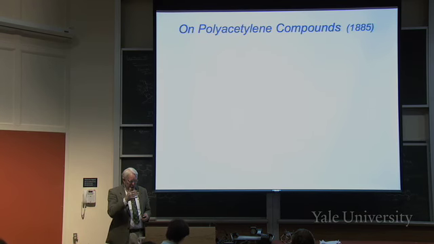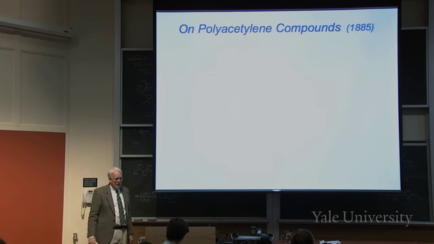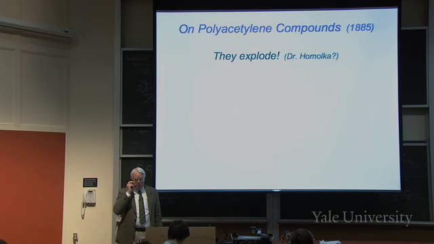this paper 8 years earlier was about polyacetylene compounds, so a bunch of triple bonds arranged in a row. We've talked about double bonds in a row. You can have triple bonds in a row too. But you don't have them for very long because, as Baeyer reported in this paper, they explode.